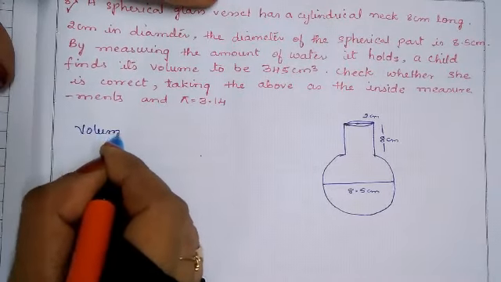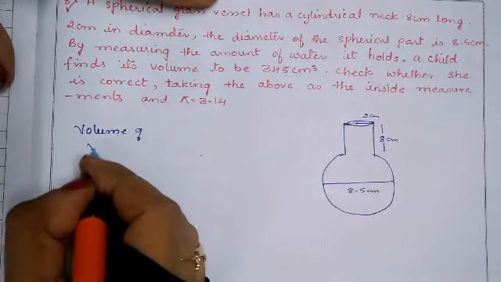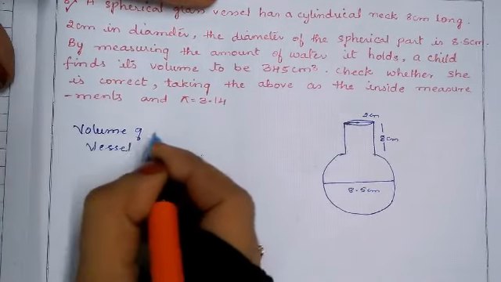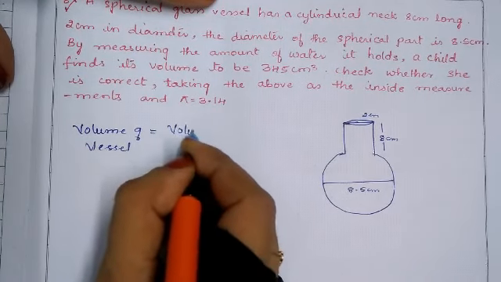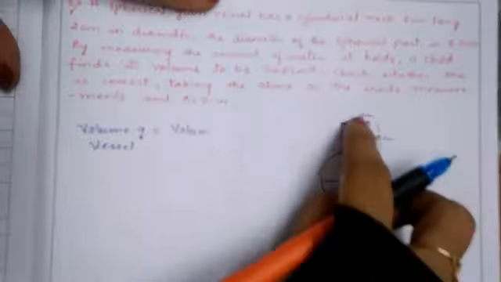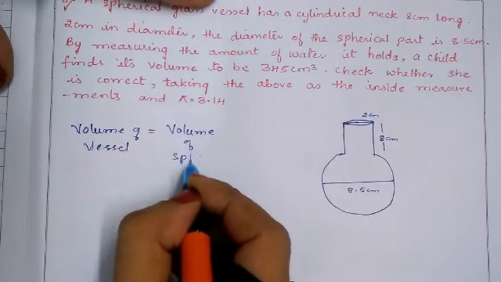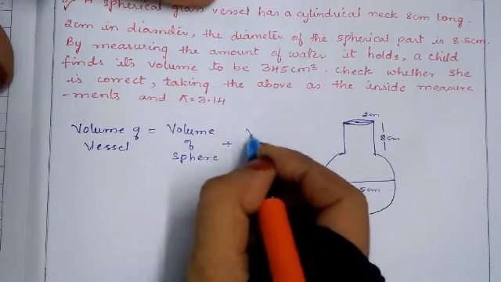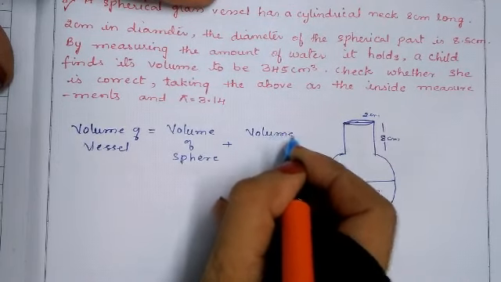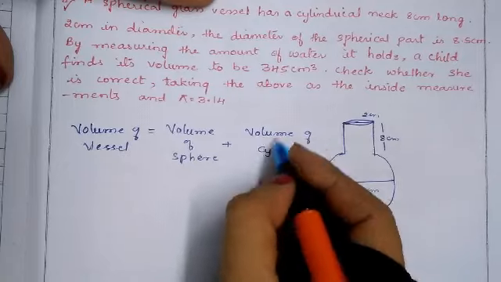Volume of vessel is equal to volume of sphere plus volume of cylinder.